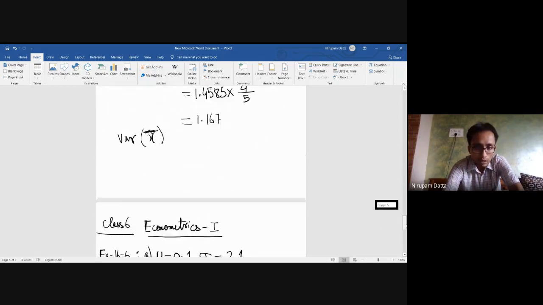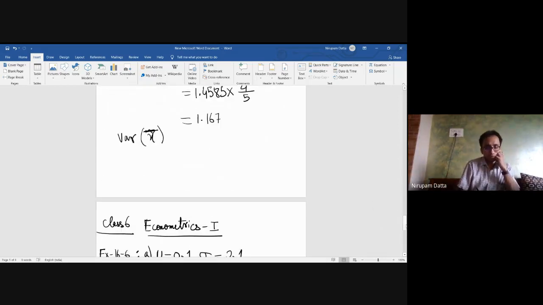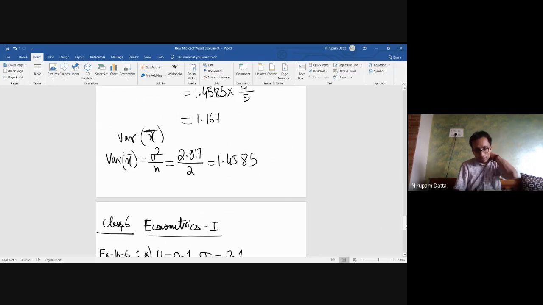Okay. Now, if you want to calculate the variance of a random sample of size n with replacement, what is the formula? That is sigma square by n. What is sigma square? 2.917 by 2, which is nothing but 1.4585. So what do we find?